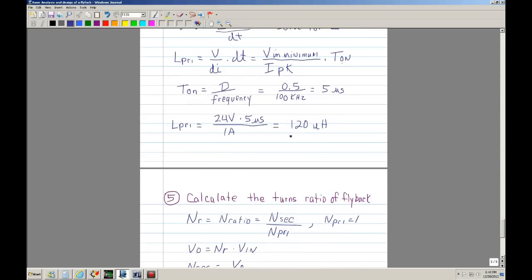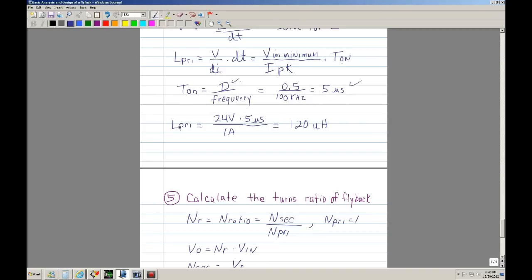T on can be defined as D divided by frequency. We set D to be 0.5, so we divide by 100 kilohertz and end up with a T on of 5 microseconds.